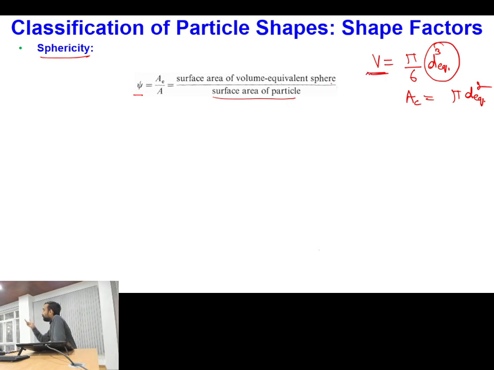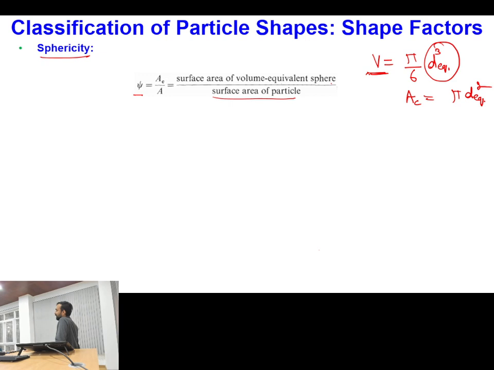Initially I told you that we have 4 different variables of a particle. One is volume, second is surface area, third is projected area, and fourth is projected perimeter. Whenever we define the shape factor, we utilize these 4 variables, any 2 at a time. One we keep fixed, and for the second we consider its equivalence.